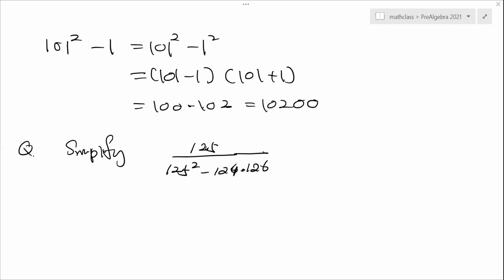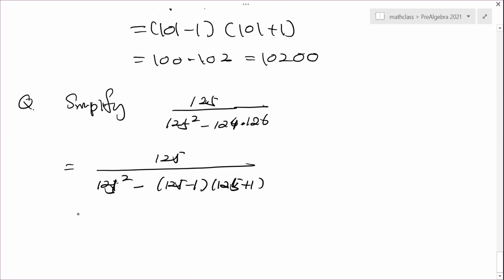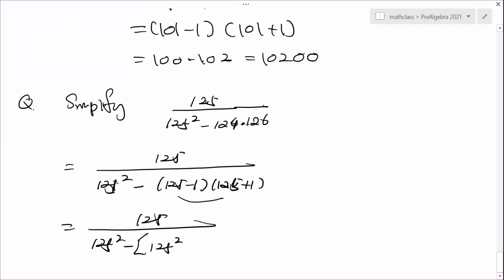Okay, so how do you do that? I see, look at 125. 124 is 125 minus 1. 126 is 125 plus 1. So everything is expressed in 125. And then when you multiply this out, it's A minus B, A plus B. So you get 125 squared minus 1 squared.